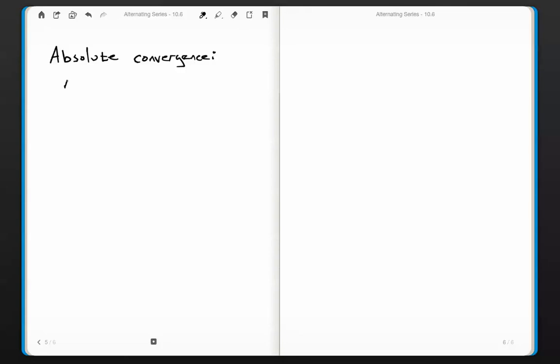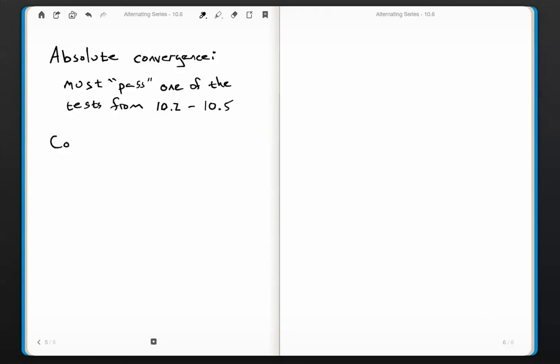So to do this, it must, and I'm going to write in quotes here, pass one of the tests from 10.2 to 10.5, right? Because we lose the negative sign. We don't have the negative sign anymore if we're checking for absolute convergence.